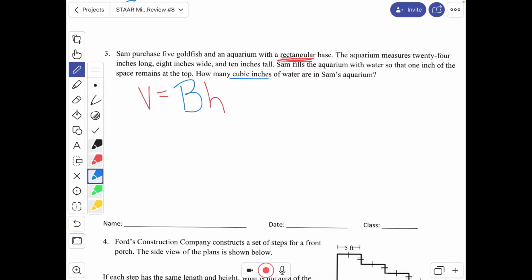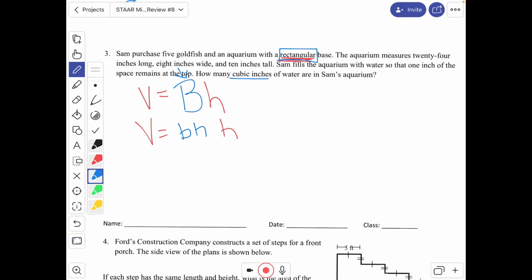So we're going to have to plug in a different formula where the capital letter B is based on what the base is. And the base is a rectangle. So the formula for area of a rectangle is base times height. So everything else is the same. Base times the height of the aquarium.